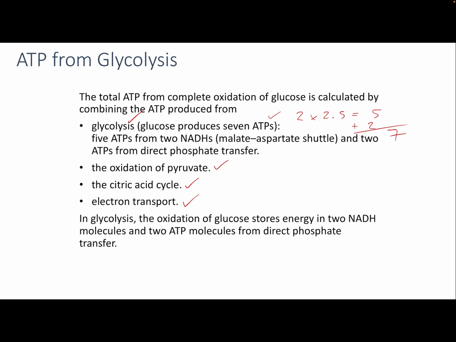There were 2 NADH made from the oxidation of pyruvate. The citric acid cycle made 3 NADHs, an FADH2, and a GTP, times 2, because every cycle runs twice. And then the electron transport just turns all of these into energy.